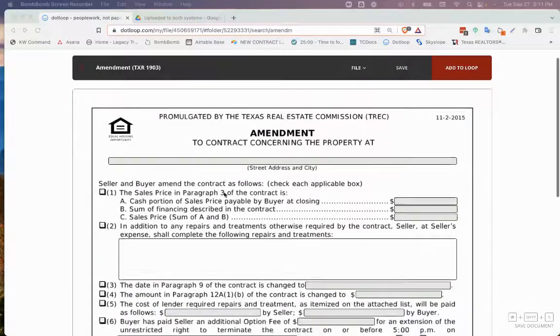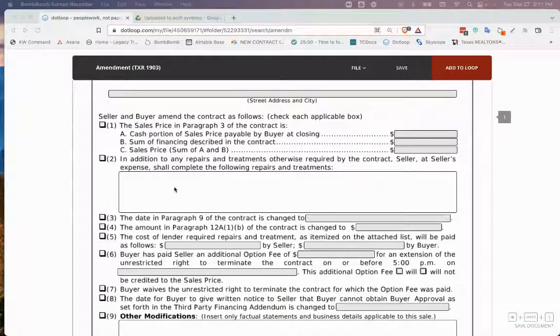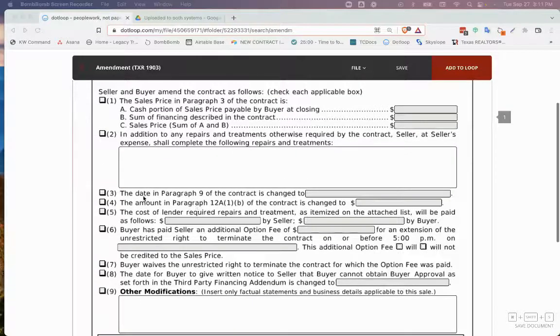So when you are negotiating, maybe during the option period or really anytime during the contract, if you need to change the seller concessions that is on the contract, you will do so in paragraph 4 here. And I will say the amount in paragraph 12.1a or 12.1b of the contract is changed to whatever dollar amount you're putting.